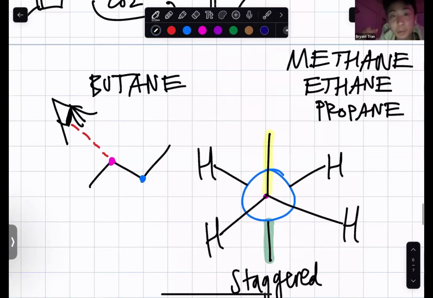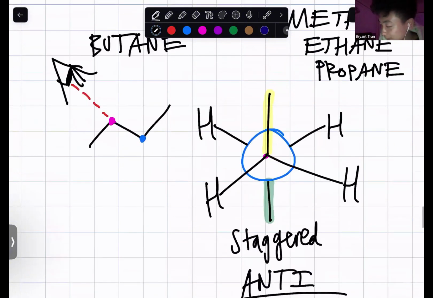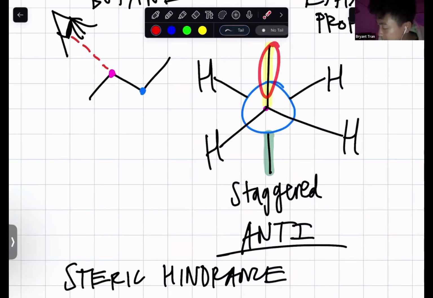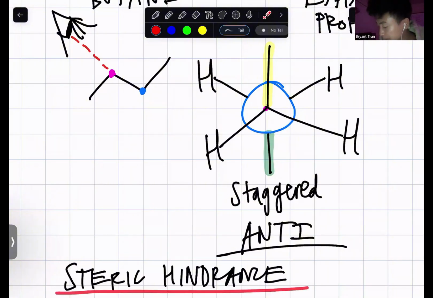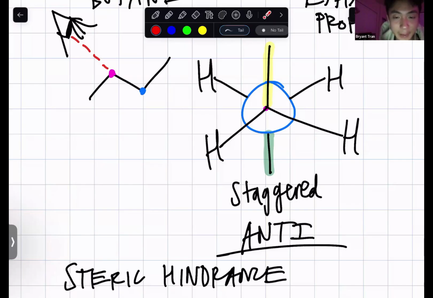Anti-conformation in Newman projection is the most stable Newman projection, because these two bulkiest groups here are not bumping into each other. That's steric hindrance. Steric hindrance is if the groups bump into each other. That's very bad. We don't want that, right? We want the groups as far away from each other as possible. Okay. So think of steric hindrance as just parts of a molecule touching each other, bumping into each other, like that.